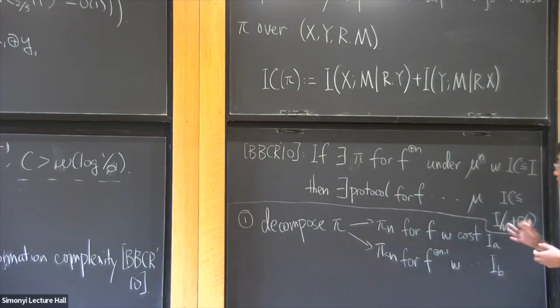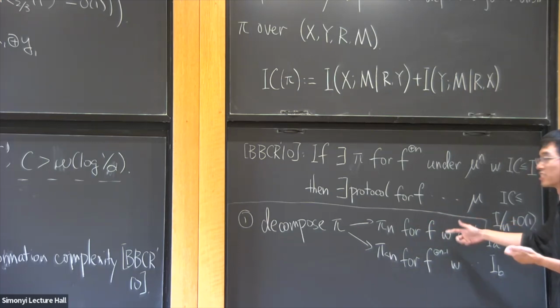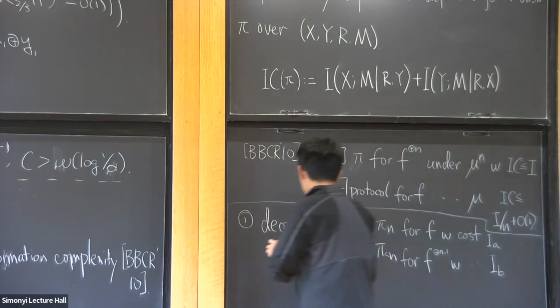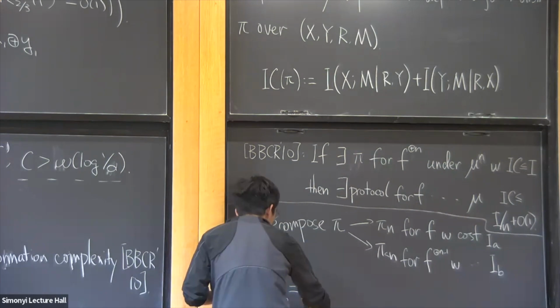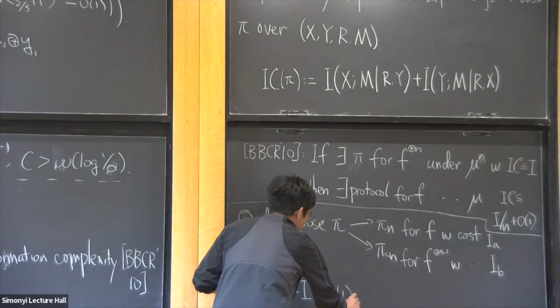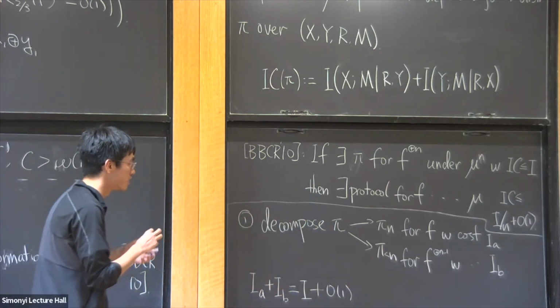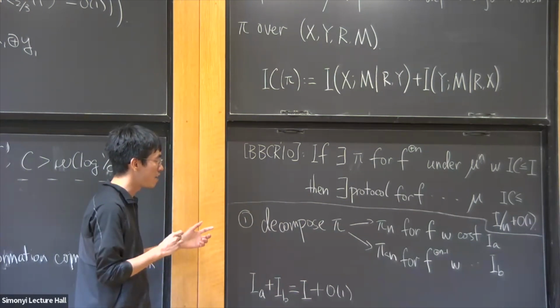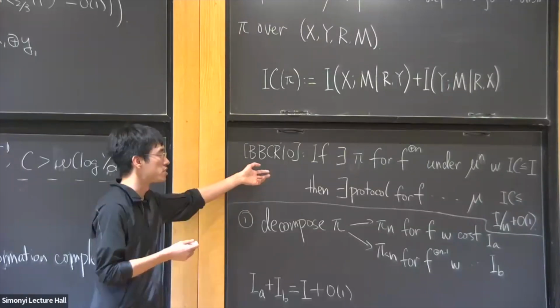So on one hand, this is a decomposition in the sense that the two problems these two protocols are solving have total fold that is n. On the other hand, this is a decomposition in the sense that no matter what these two costs are, they will sum up to the cost of pi, maybe plus O of 1. This is the first step that we'll show later, but I claim that once we have this, it will already imply the statement above.